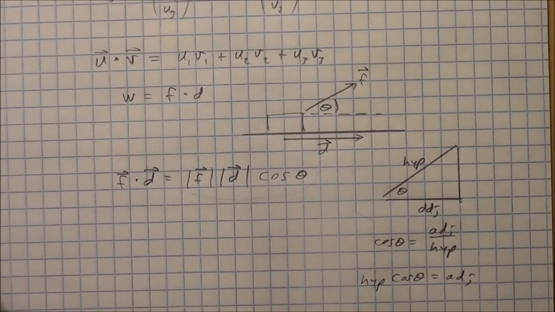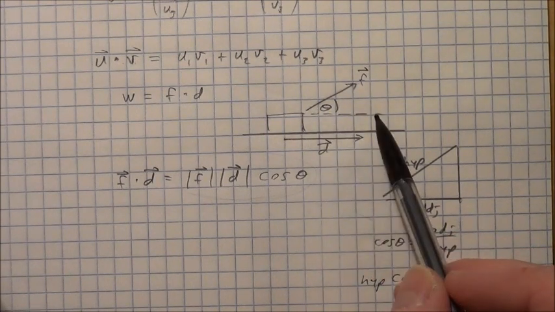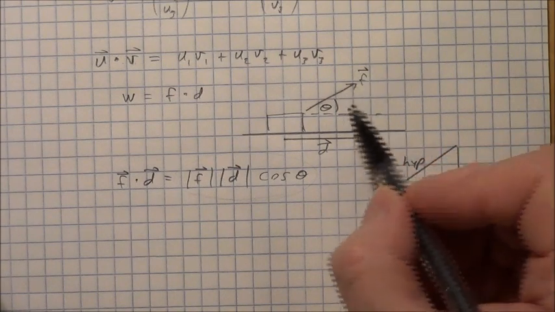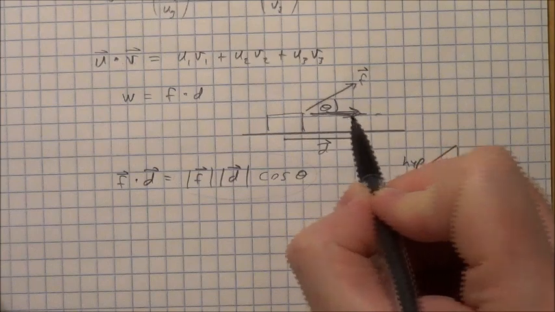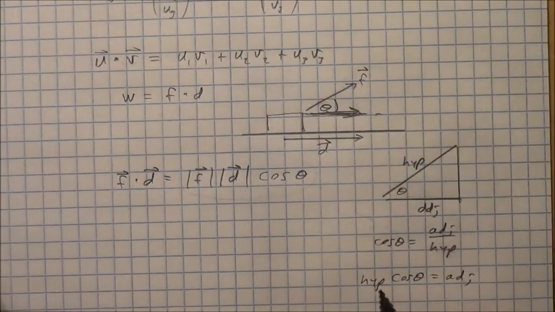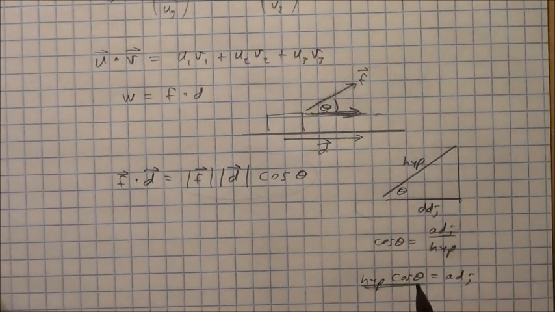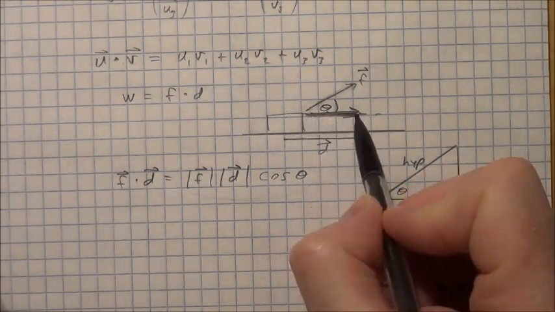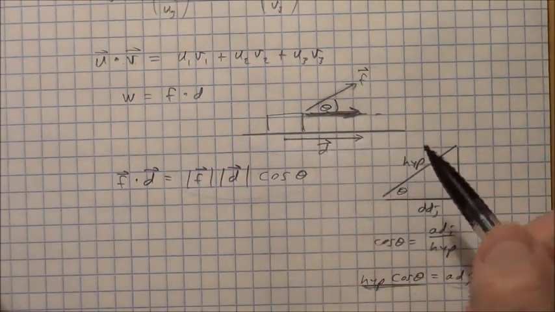So if we were to examine this situation, because the force is at some angle to the direction of movement, we actually only want the amount of force that's actually in the direction of movement. So that's why we're using the hypotenuse multiplied by cosine theta, which gives us the adjacent side. So the adjacent side of this triangle is this side, which is parallel to the motion.